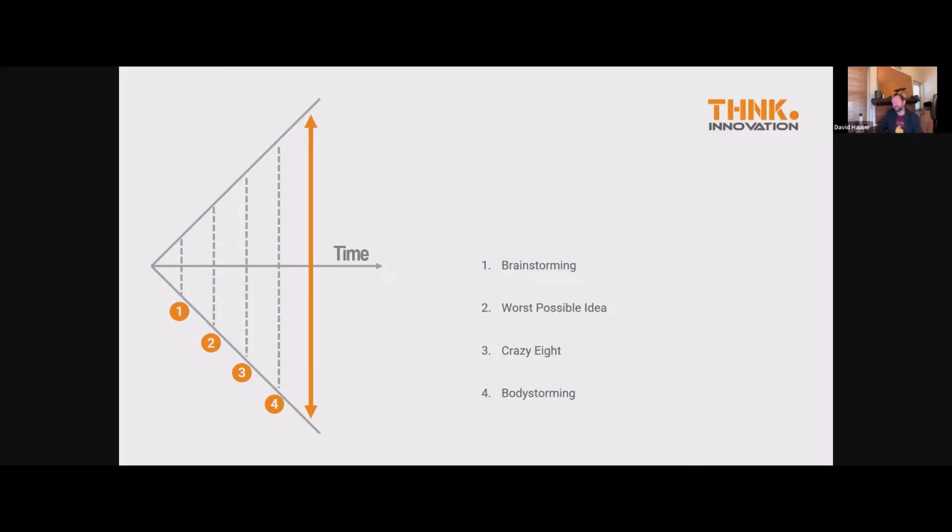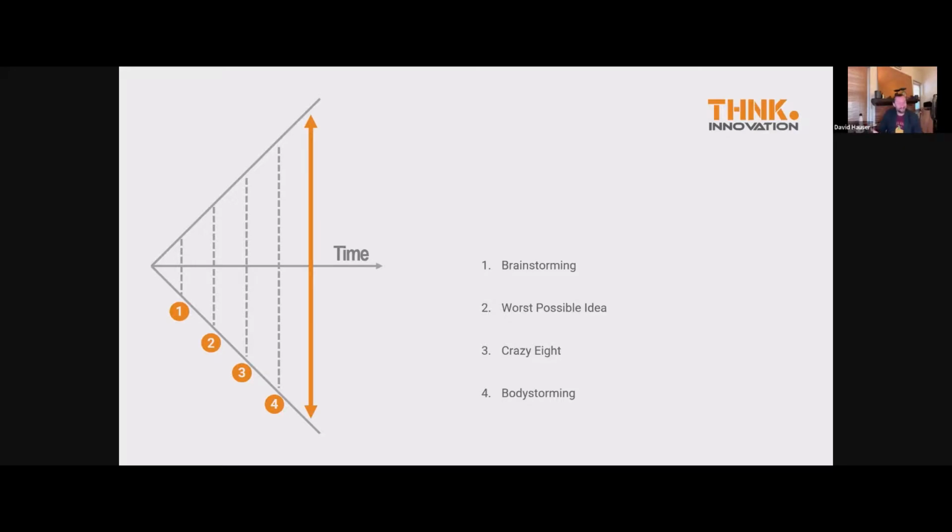socially not viable, not acceptable. For example, if the problem is that children are eating too many sweets, then we could come up with the worst idea: instead of giving them sweets, we give them cigarettes.